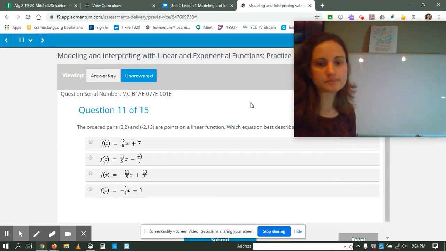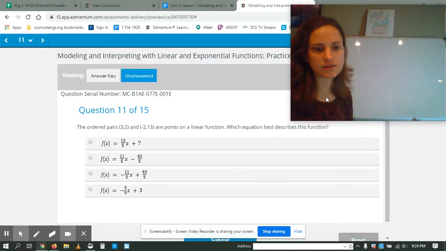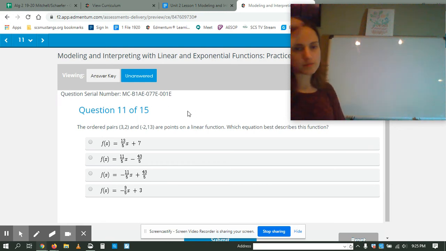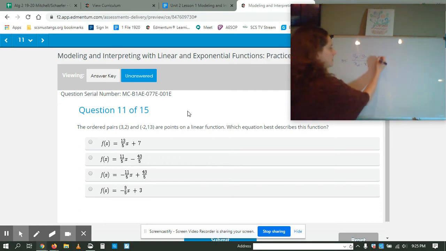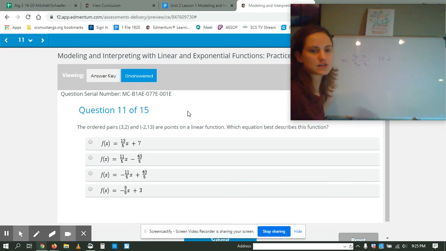Looking at 11, we've got two ordered pairs, (3, 2) and (-2, 13), that are points on our linear function. Which equation best describes this function? So this is going to be one of those problems where we've got to use our slope formula to figure out what's going on. So remember our slope is y2 minus y1 divided by x2 minus x1. My y2 value is 13 minus 2, just the second y value.